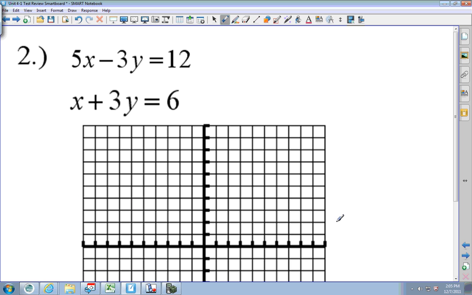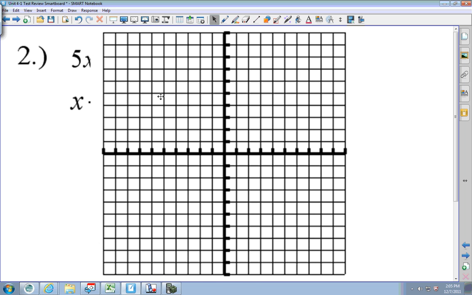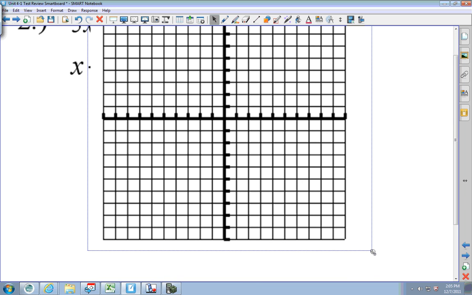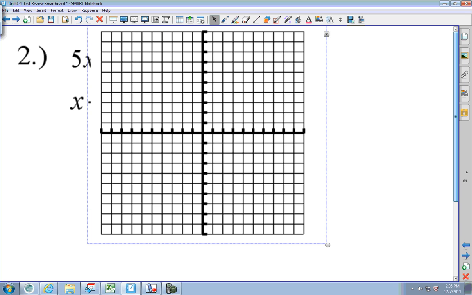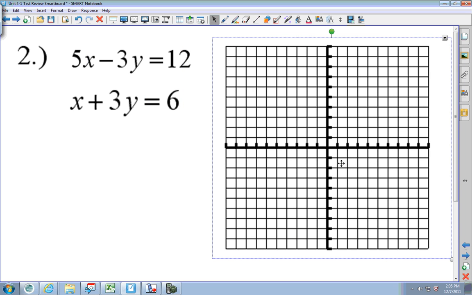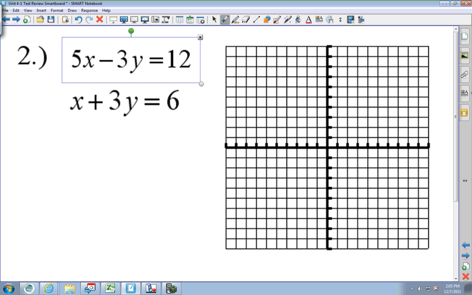Next one. Well, before we can even graph these, we need to solve for y and get them in y= form. Let's see if I can make this graph a little friendlier for our video here. There we go. Okay, the first one I'm going to bring down here: 5x minus 3y equals 12.